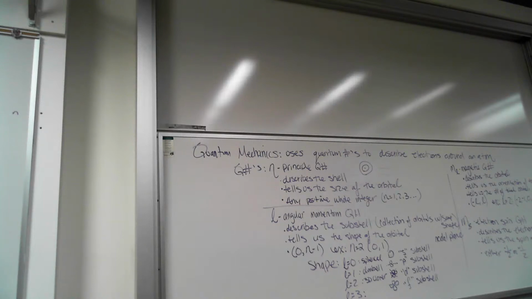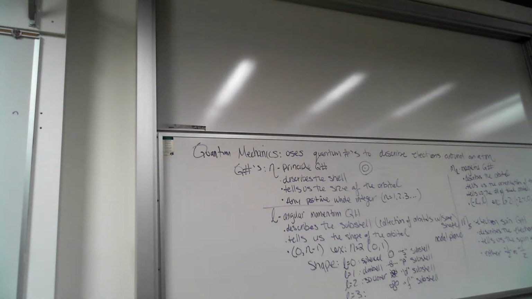Each shell has an s orbital. Subshell basically indicates that it is spherical, regardless of what shell it's in. Does that make sense? So the S, P, D, F, G are all subshells.